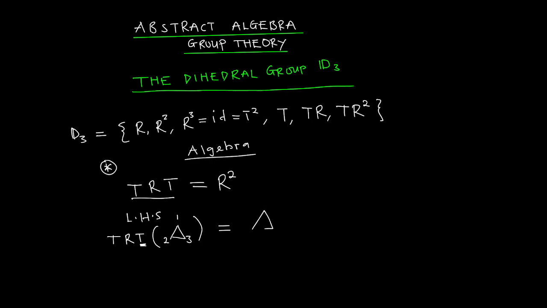T is a reflection about the vertical axis. So 1 would stay the same, and then you would flip 2 and 3. So 3 would come here, and 2 would come here. I am done with the reflection. Next, I will do a rotation, 120 degrees anti-clockwise. So what would that give me?